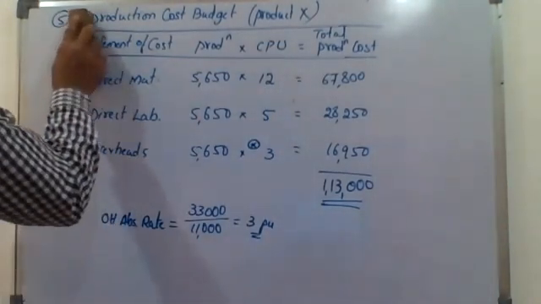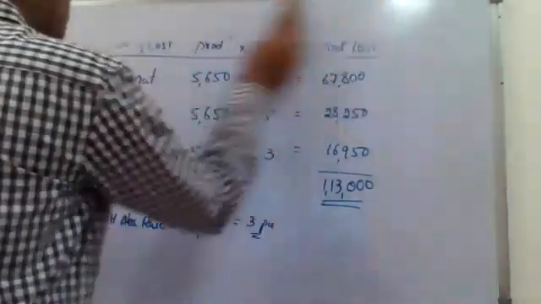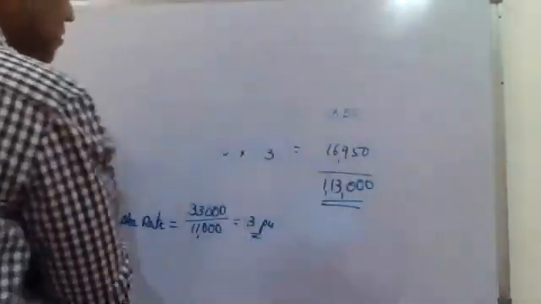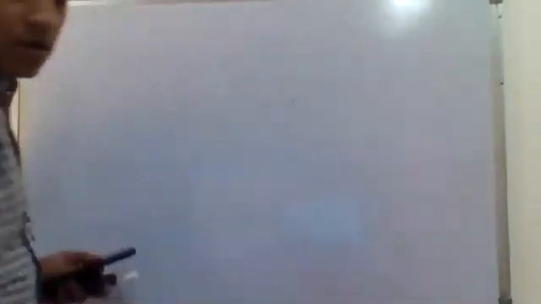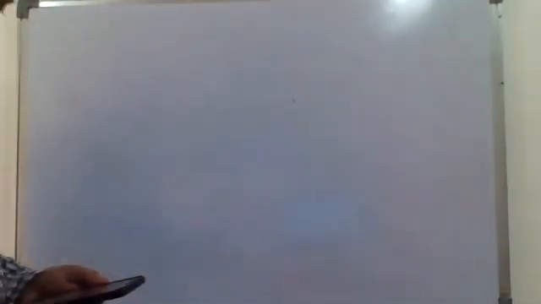Once you're done with this, look at question number 6. It says UP Agro Industries Limited manufactures pickles and juices. The sales department has prepared the following forecast for the 6 months of 1990.